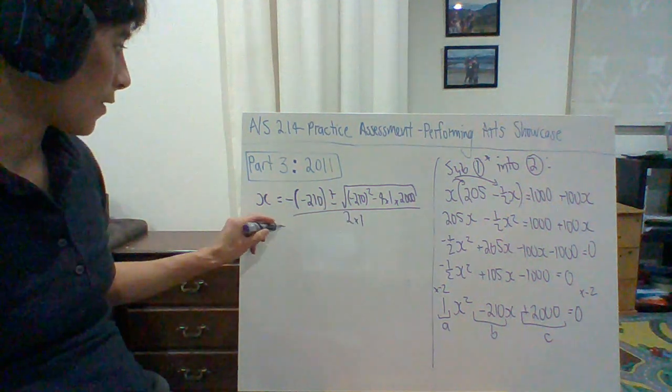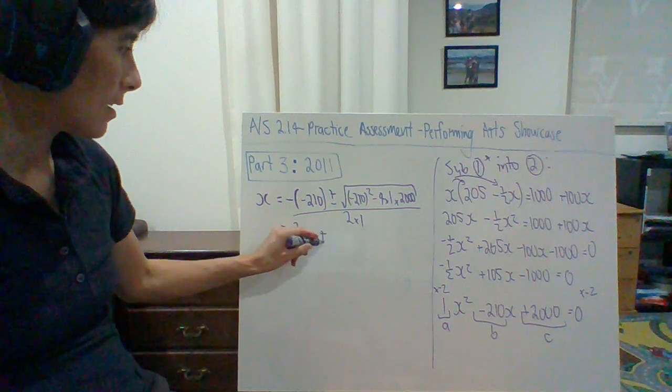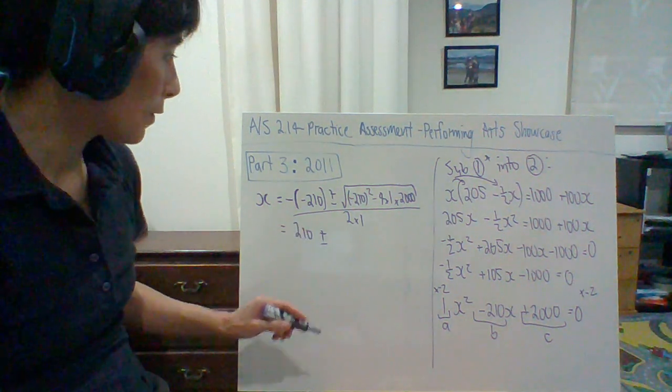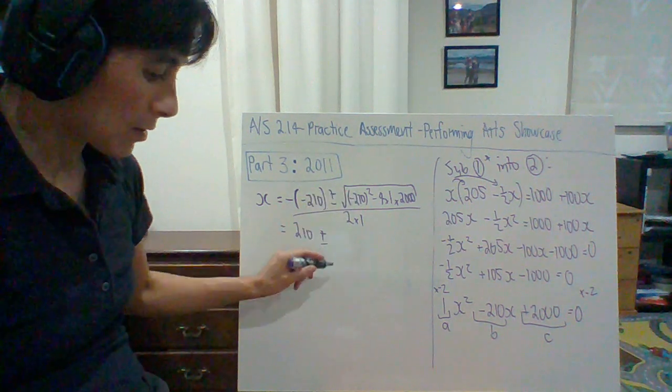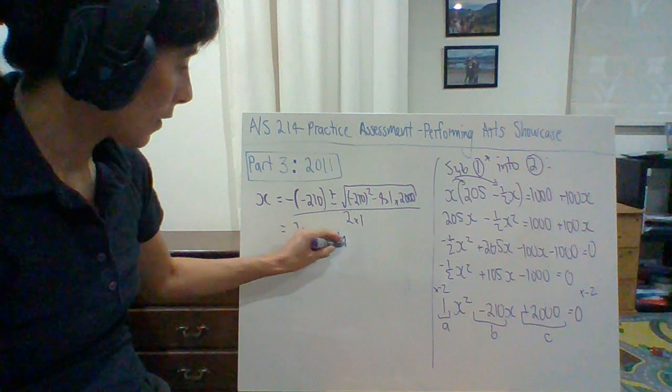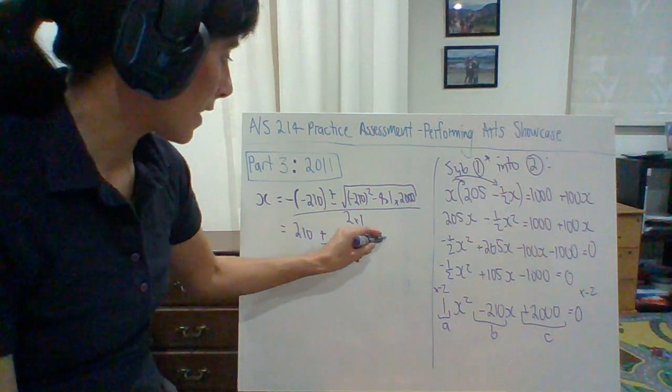Let's look to simplify that. Minus a negative 210, plus or minus. If we've got negative 210 all squared, remember it is all squared, that gives us 44,100 minus off 8,000.